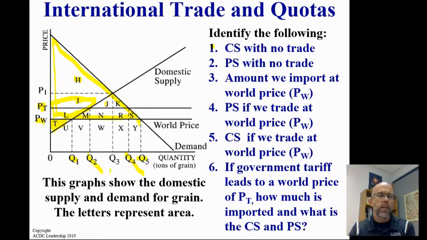So that would be how much is imported, Q4 minus Q2. And the consumer surplus then would be smaller. It would just be this triangle H, I, J, K filled in with yellow here. And producers would have a larger chunk, and that would be the T and the L areas. So that's the kind of question you might get with this world price graph.